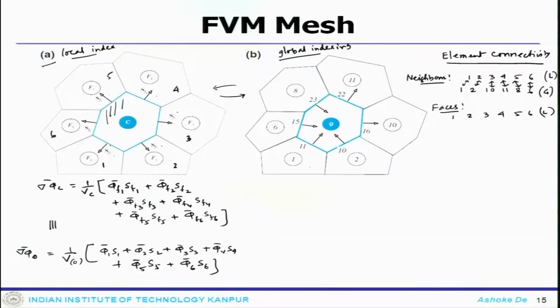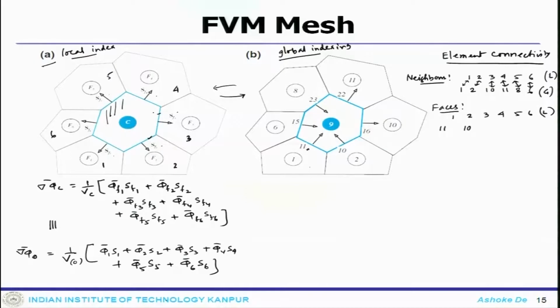So, this is my face 1 local mapping or the surface vector. So, this is mapping with the face of 11. So, the global is 11. 2, this is my second surface and the global surface is 10.